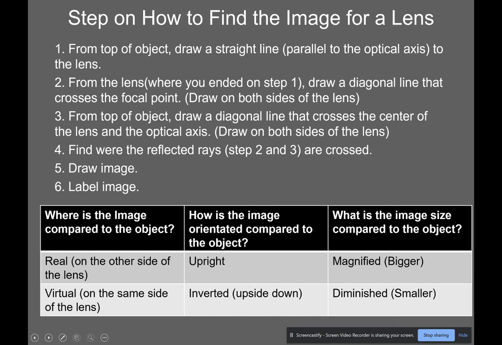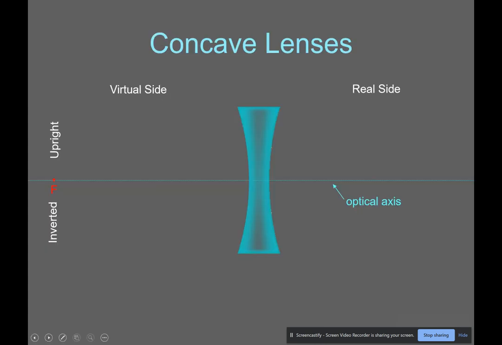Then draw from the top a diagonal line, making sure you cross the optic axis, drawing on both sides of the lens. Where the refracted rays for 2 and 3 cross is where your image is drawn. Steps 1 and 2 are exactly the same. It's step 3 that changes. Let's see how that looks.